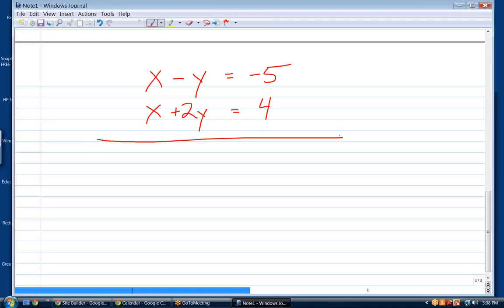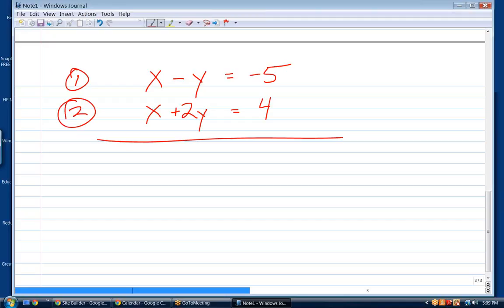Notice that we can't add these equations and have one of the variables disappear. However, we could subtract them. In other words, if we subtract equation number 2 from equation number 1, the x variable disappears.